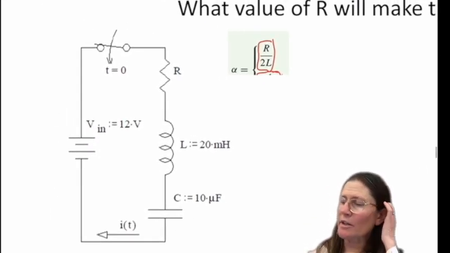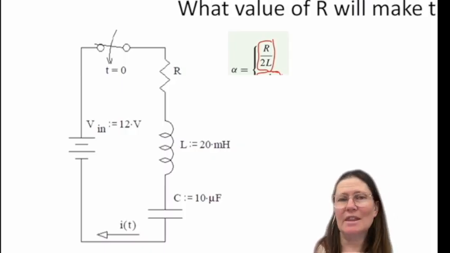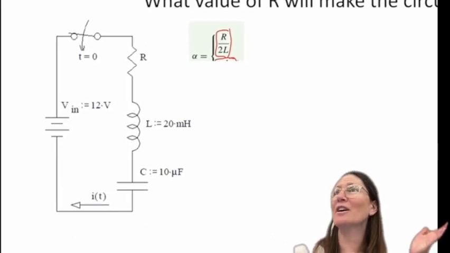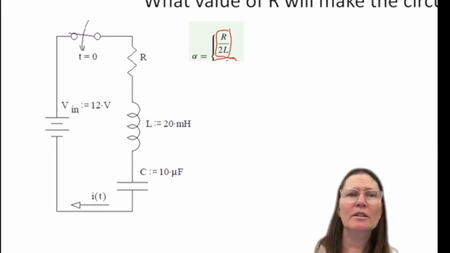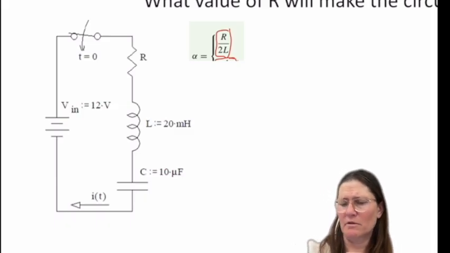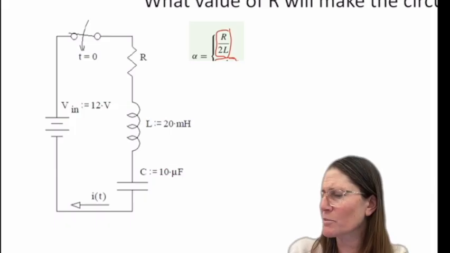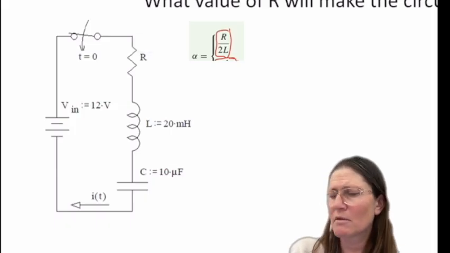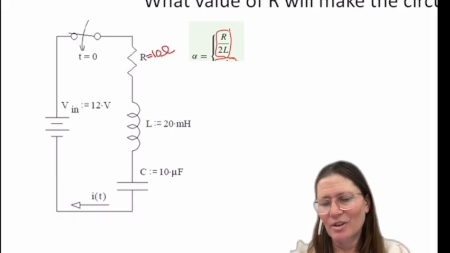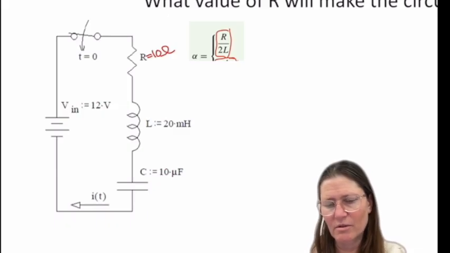Your R is going to be the equivalent resistance in the circuit. So this one's pretty easy. Hopefully R is just R here. This should be 10 ohms. Critically damped, just make sure.